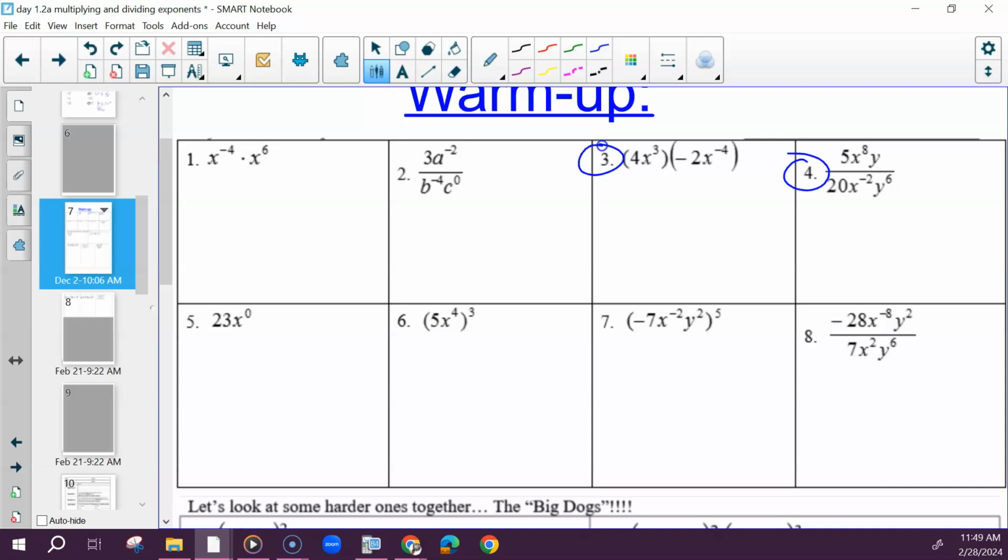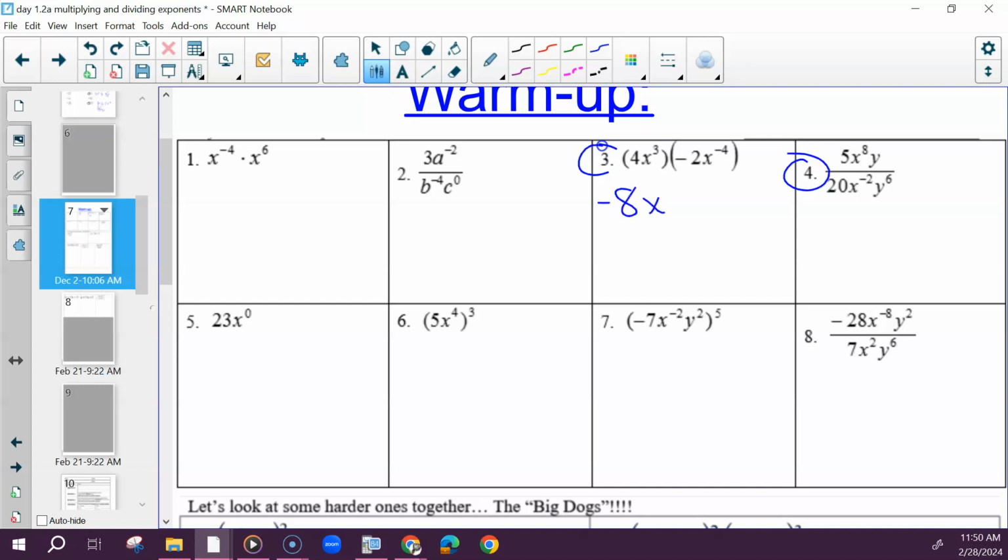So number 3, I want you to tell me what operations you see. Multiplication. So we are multiplying. Do we have like bases? Yes, the x's. We're multiplying like bases. What are we doing with the exponents? Adding. And we have just numbers, so strictly multiply those.